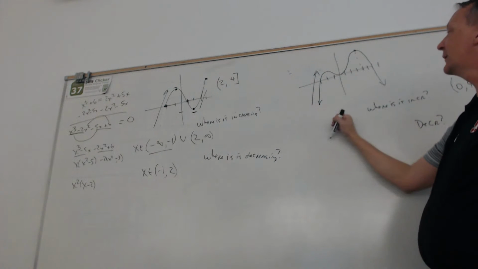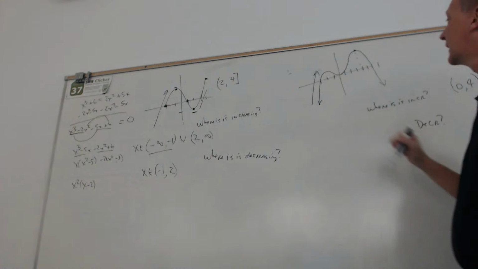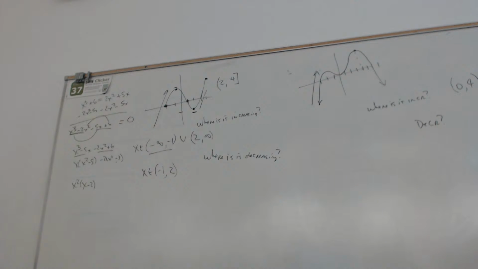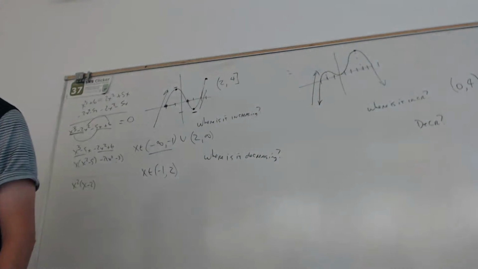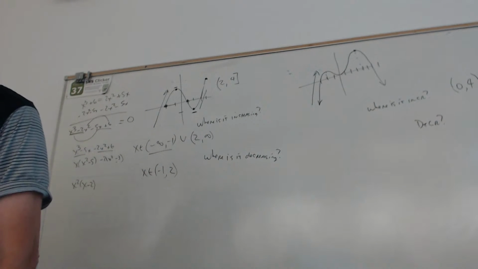If you're going from left to right, it's increasing. Okay, so negative infinity to negative 2, round on both sides. Perfect.